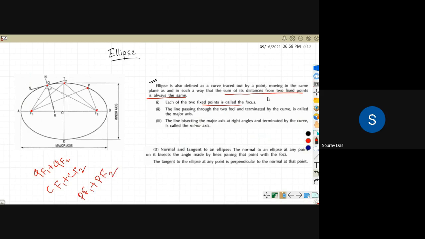These are the sums of distances from the two points, and this will always be the same.